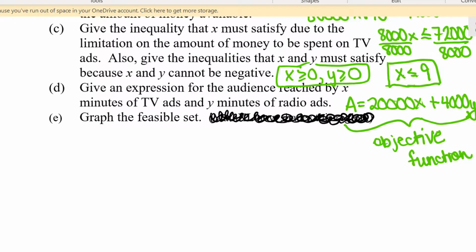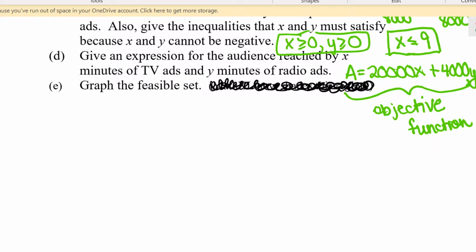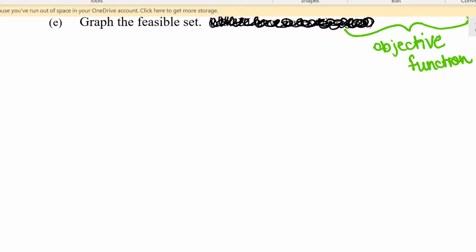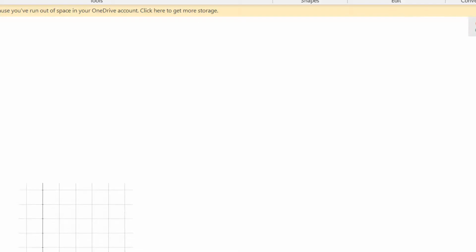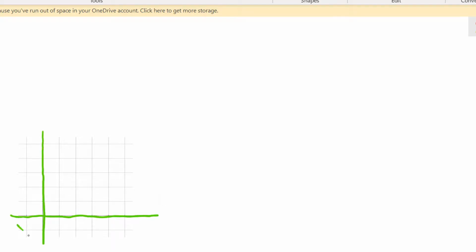Okay, and then part E, it just asks us to graph the feasible set. So I know it's going to be in the first quadrant, so I can cross out everything that's not in the first quadrant. But then for our other constraints, I want to find the x and y intercepts so I can decide on a scale to use.